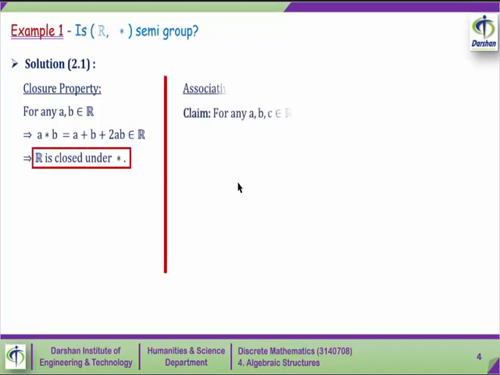Now we check the second property, which is associative property.